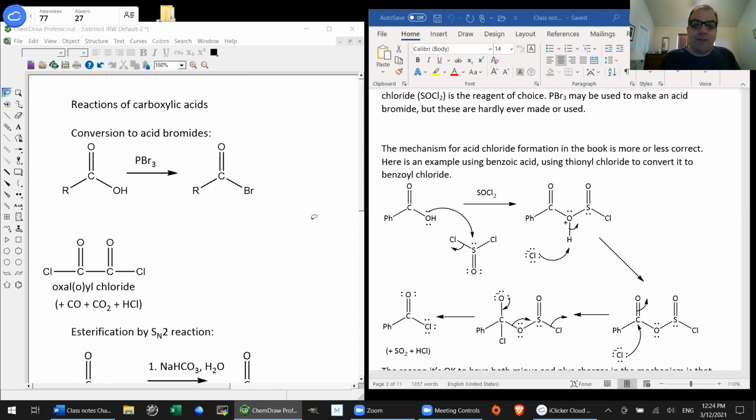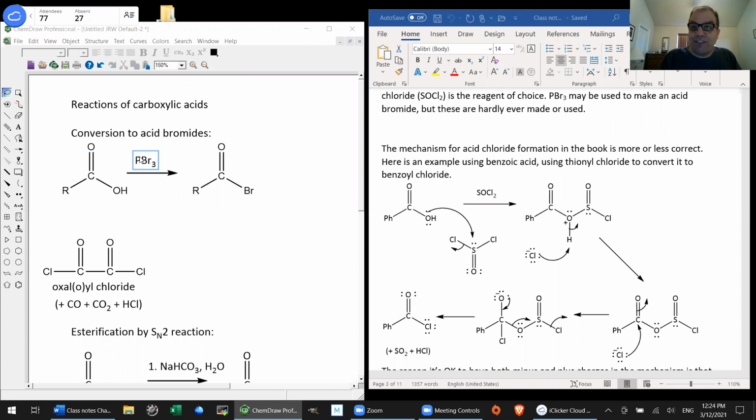in one reaction vessel. So I just thought I'd point out phosphorus tribromide is the reagent of choice if for some reason you wanted to make an acid bromide. I would not say you're responsible for that mechanism, but not that it's all that hard. I mean, you can probably guess what the first step is. We already said that oxygen loves phosphorus. What about the oxygen glomming onto the phosphorus?